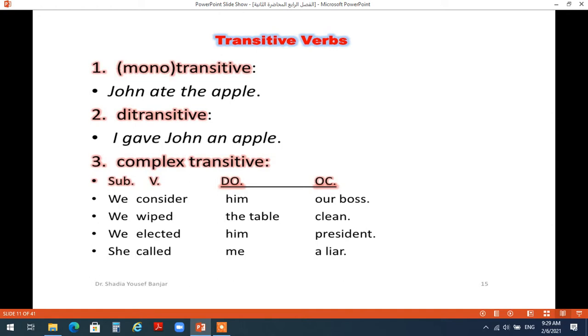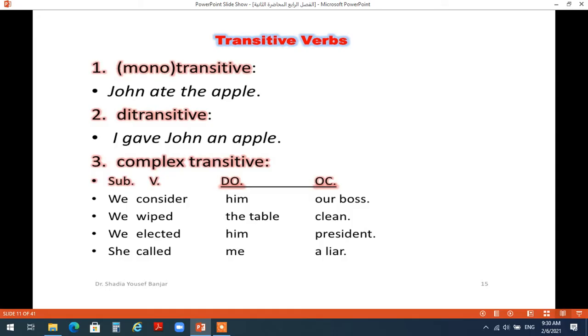The other type is called diatransitive verb. This means that we have two types of objects. One of them is direct and the other is indirect. So I gave John an apple. So we will say that the verb gave is a diatransitive verb because there are two objects in this sentence. First we have John, which is an indirect object. Then we have an apple, which is a direct object.